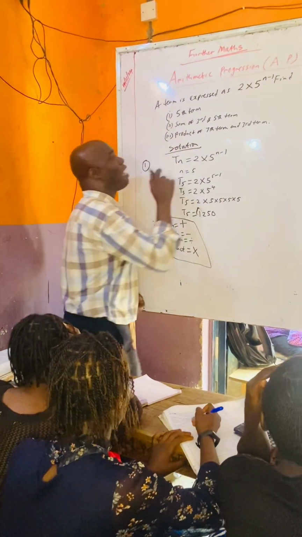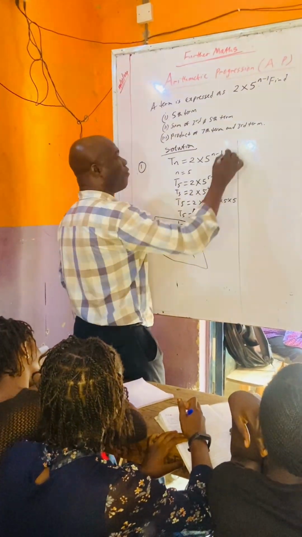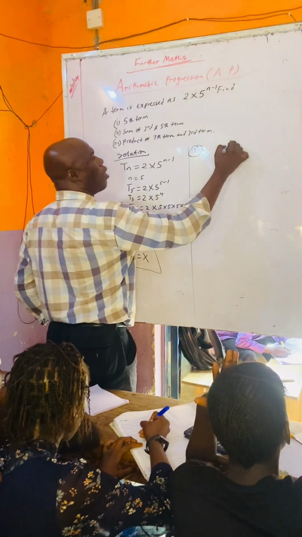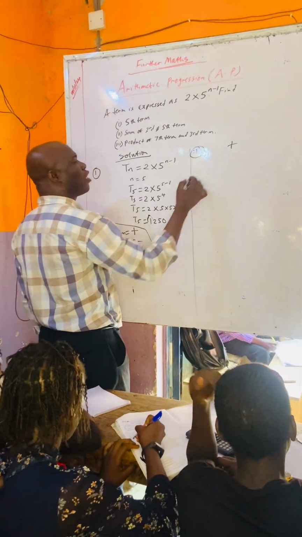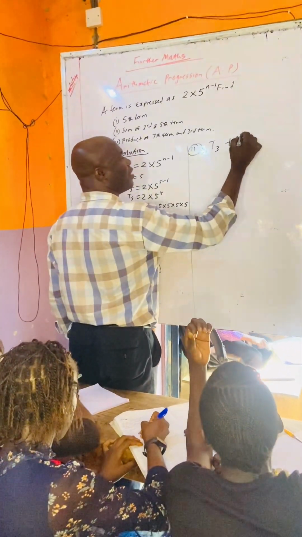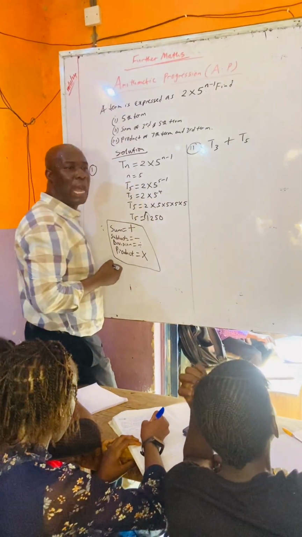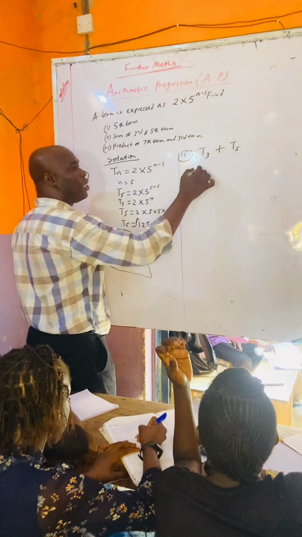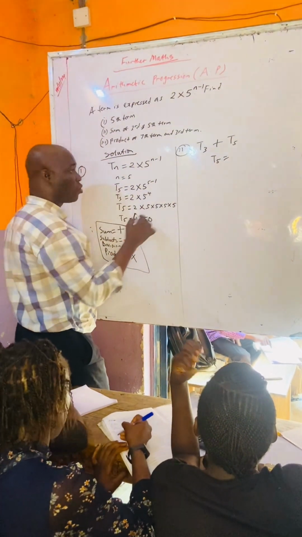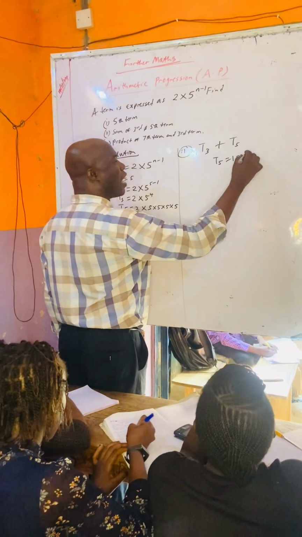So for Roman figure 2, they say find the sum of the third term and the fifth term, that's T3 and T5. Initially we've gotten our T5, isn't it? The value for our T5 is 1250.